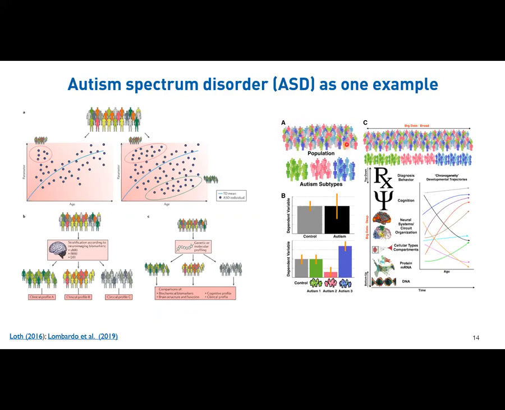But we also know that there is a high level of heterogeneity. And we hope that with the help of computational psychiatry, we are able to find out these subgroups, like this green, pink, red, and blue color. So with the help, we try to find out all of the subgroups. Okay, this is the idea.